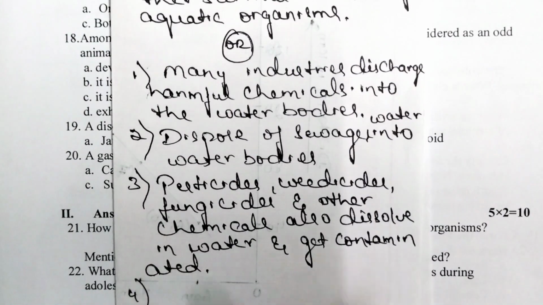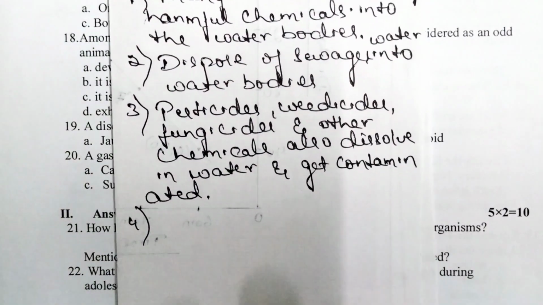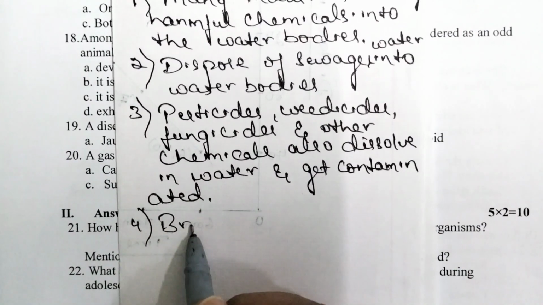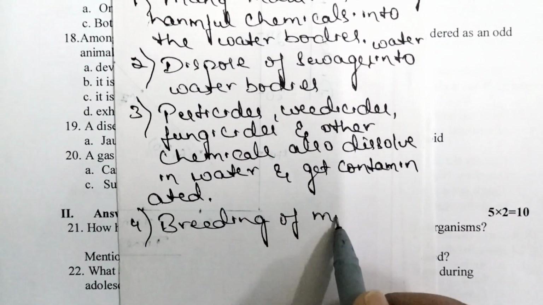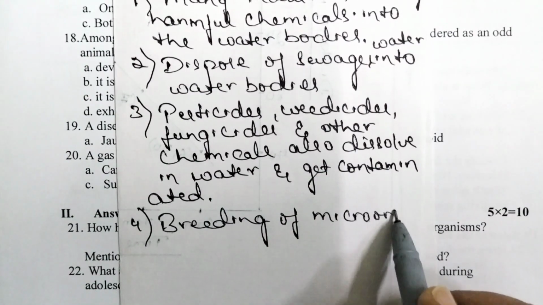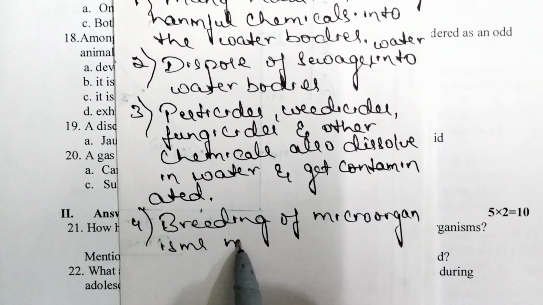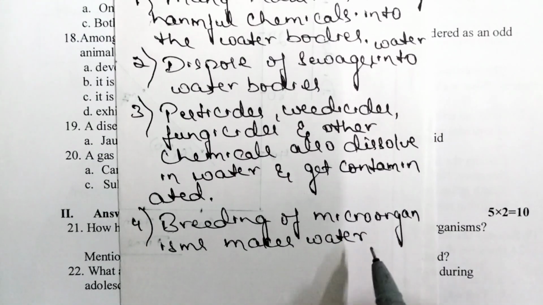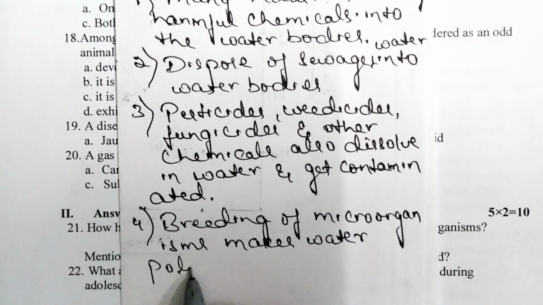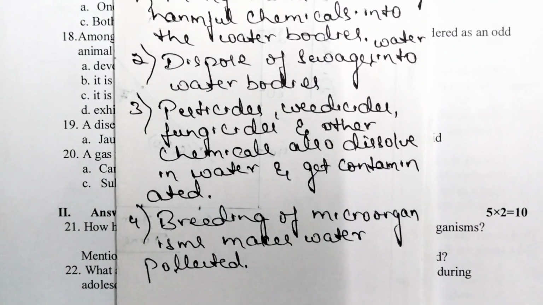And the fourth point is breeding of microorganisms, which makes water polluted. So these are the things that you have to keep in your mind.